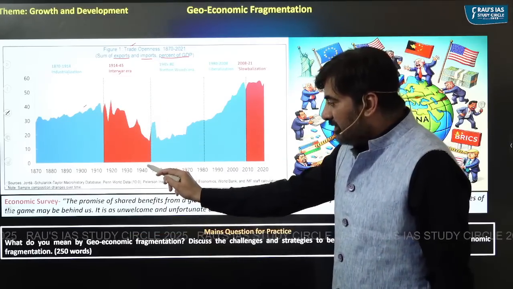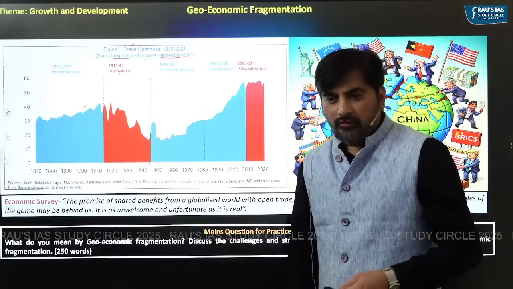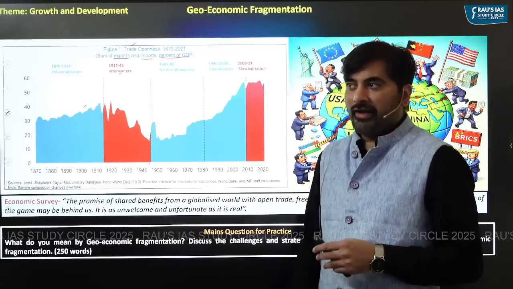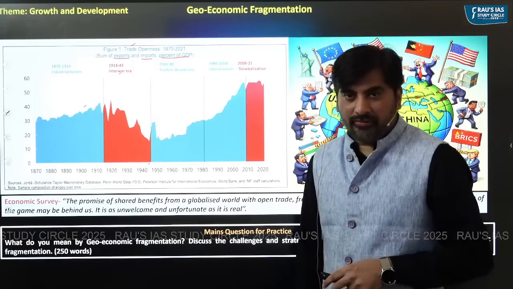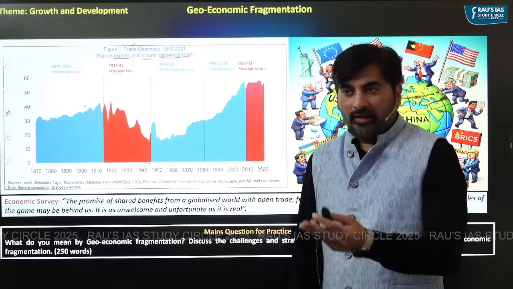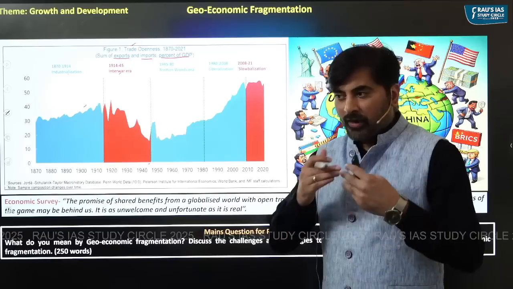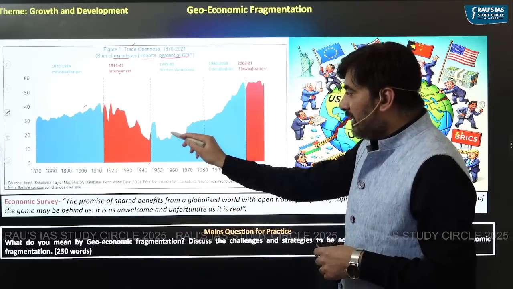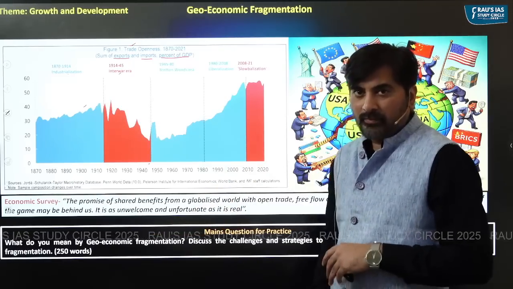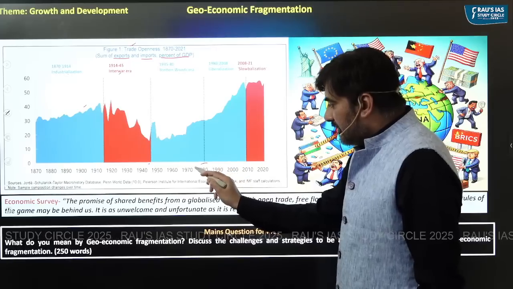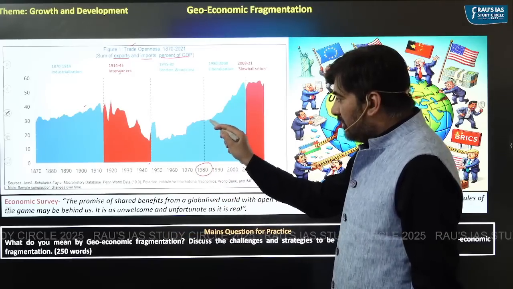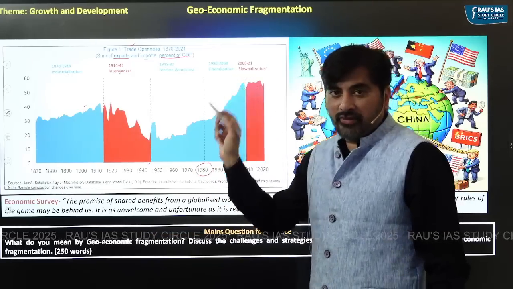But after the Second World War, because of formation of international institutions like IMF, World Bank, as well as signing of multilateral agreement, that is GATT, the trade openness started increasing. Further, somewhere around 1980s, it started increasing even further.